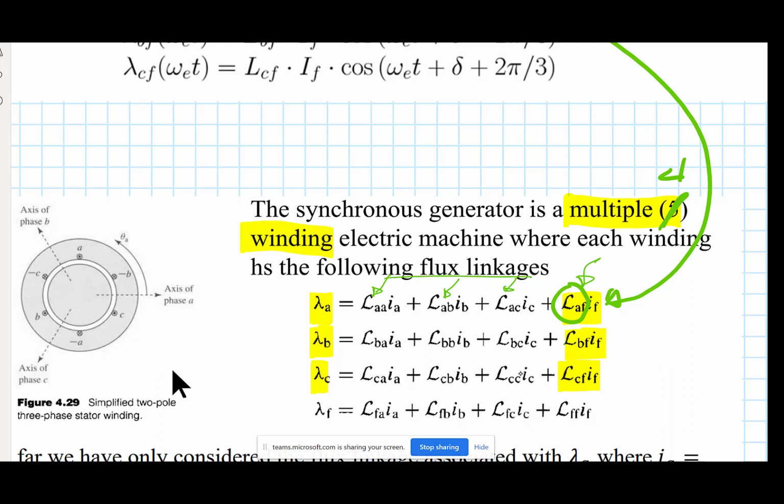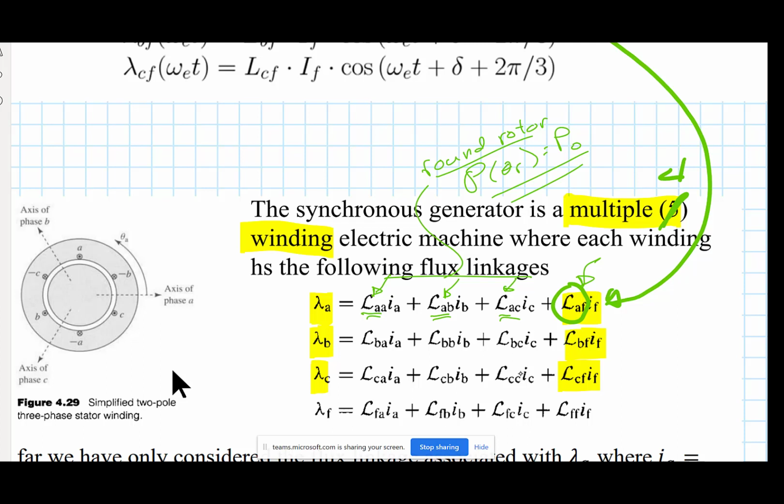If you have a round rotor, that means the gap is uniform, or the permeance as a function of theta r is not changing with theta, then these expressions here do not have any dependency on position.